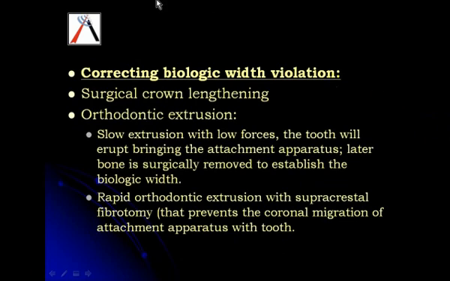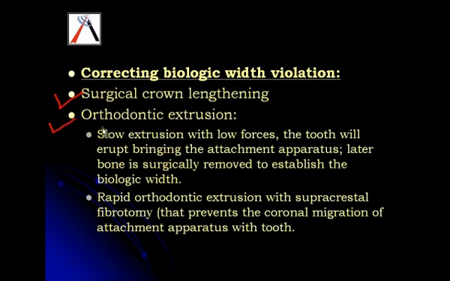Now if the biologic width is violated, what do we do? We can go in for surgical crown lengthening, or we may go for surgical extrusion. How do we correct the biologic width violation? We can go in for surgical crown lengthening, wherein we shift the biologic width surgically. We have other techniques such as orthodontic extrusion, in that we have two types of extrusion.